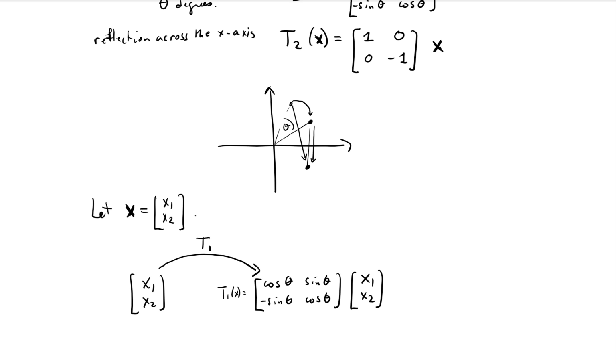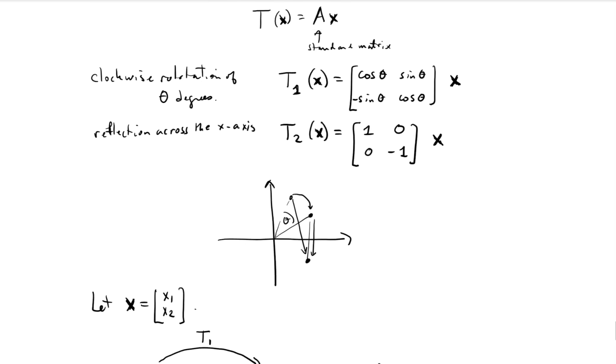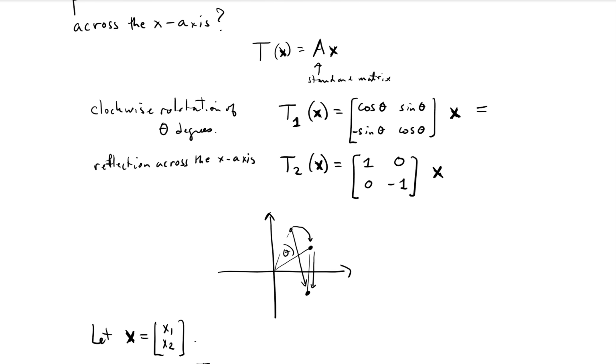I'm going to want to give those matrices a name. This one I'm going to call B, and this one I'm going to call A. Let's put x in bold again, just to remind ourselves this is a vector.